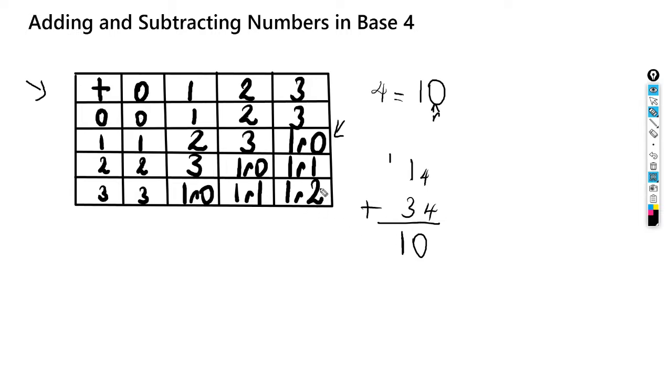And 2 plus 3 would give us 1, remainder 1. So let's look at that. 2 in base 4 plus 3 in base 4 would give us 1, leaving a remainder of 1. 4 can go into 5 one time, leaving a remainder of 1. So it would be 1, 1 in base 4.